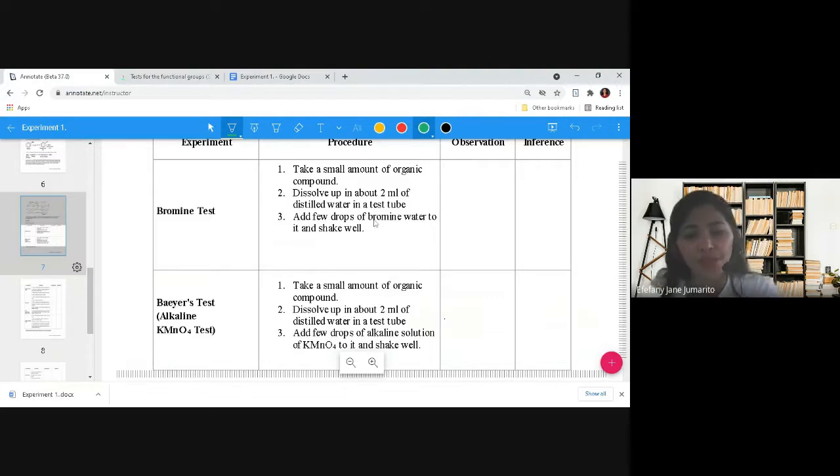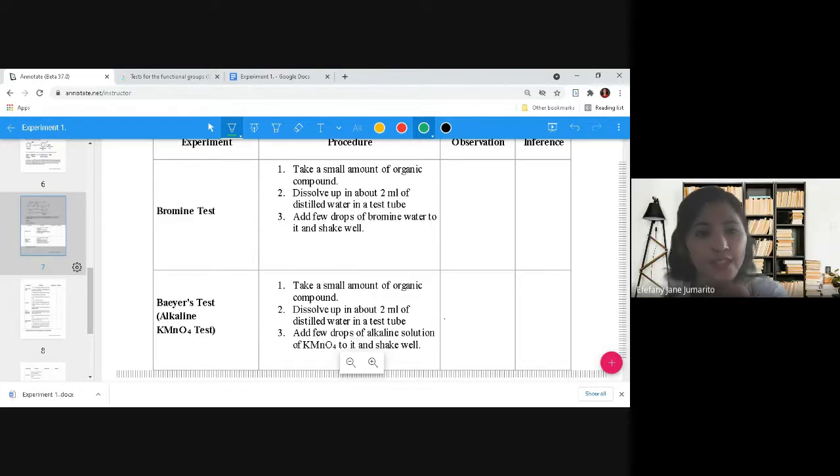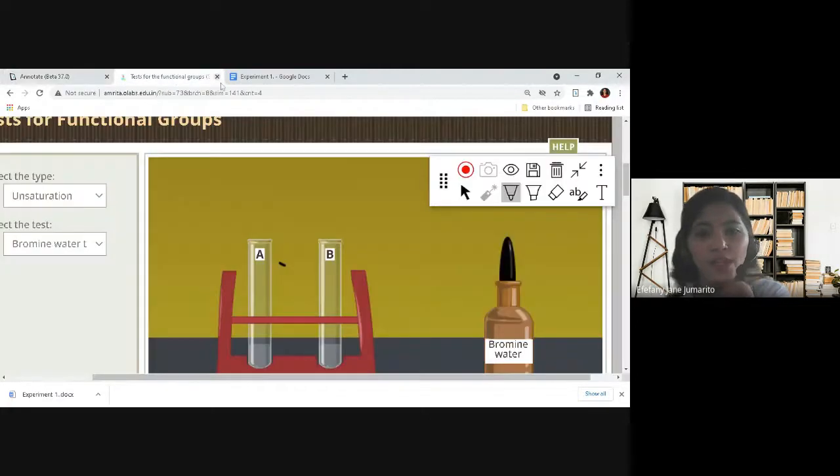Please read procedure 3, Nancy. Add a few drops of bromine water to it and shake well. Okay, so the next thing is we are going to add. So this is your bromine water.